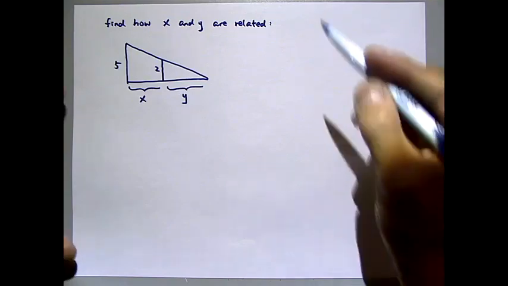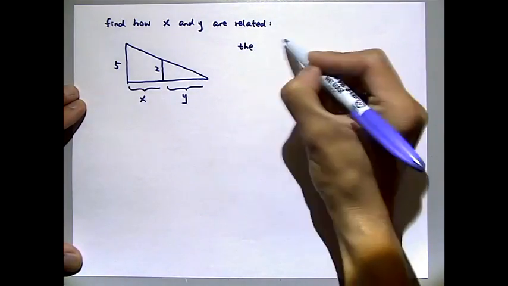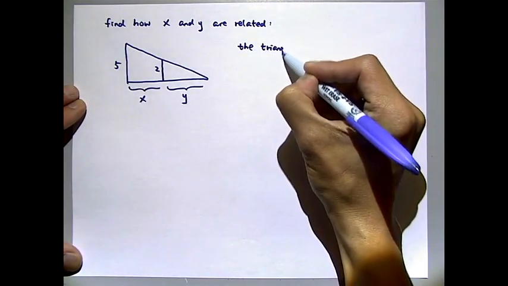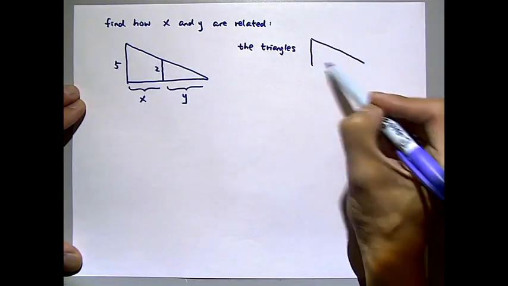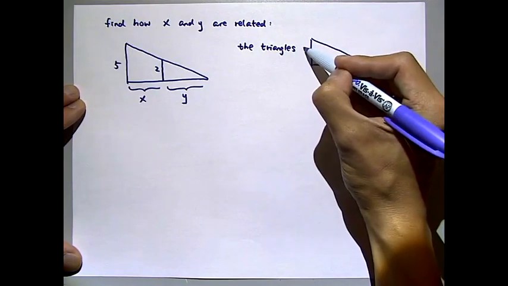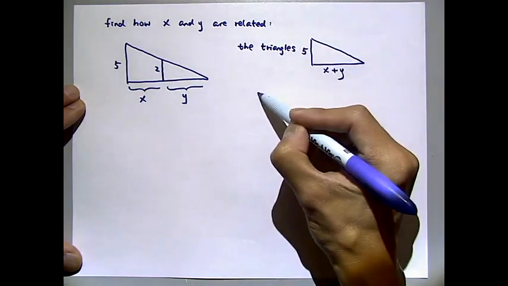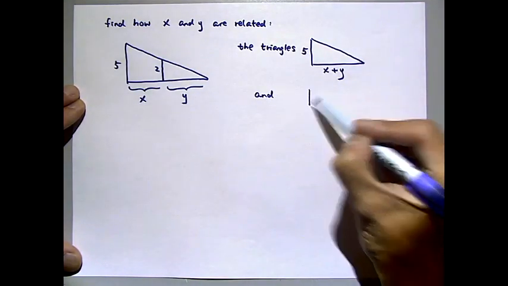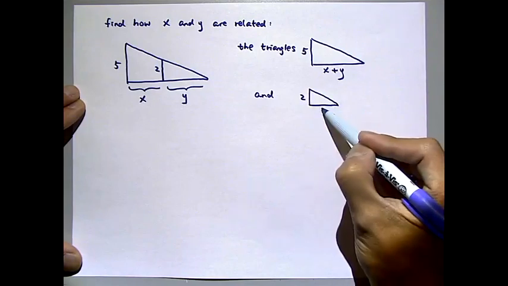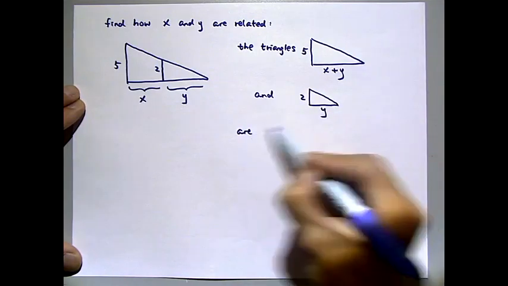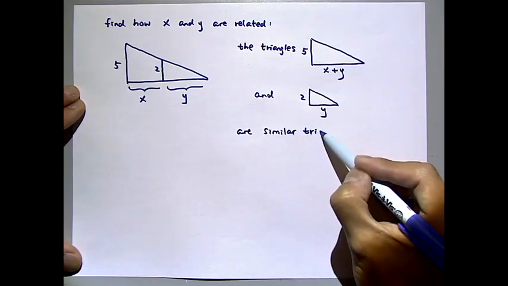Excellent. If you look at these two triangles here, the big triangle with a height of 5 and base of x plus y, and the smaller one with a height of 2 and a base of y, are what's called similar triangles.